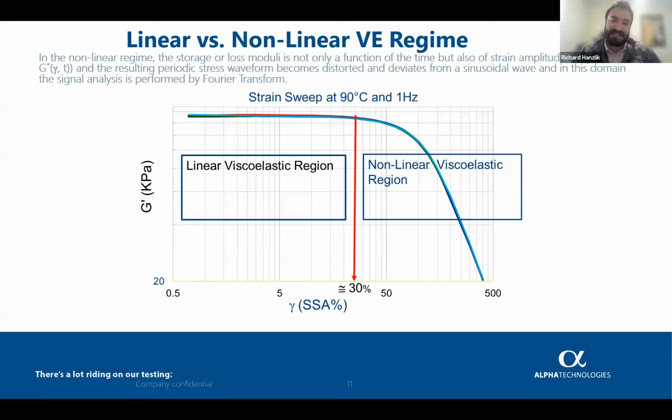So we see on the left-hand side, where we're increasing strain up to about 50%, up until this point, our modulus response of the material is flat. So this is called the linear viscoelastic region. And where we start to see that strain softening characteristic outside of the linear viscoelastic region, that gives us the nonlinear viscoelastic region.